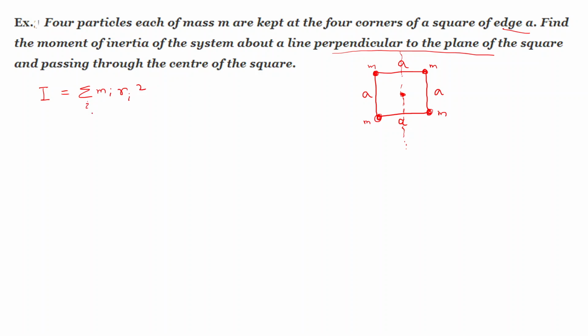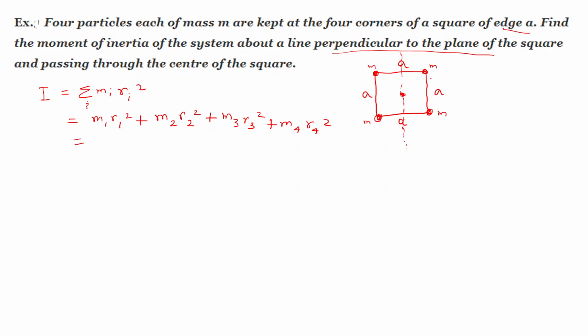What it means is m1 r1 square plus m2 r2 square plus m3 r3 square plus m4 r4 square, because we have four particles here, so the summation will be for these 4 particles. So this is what it means.